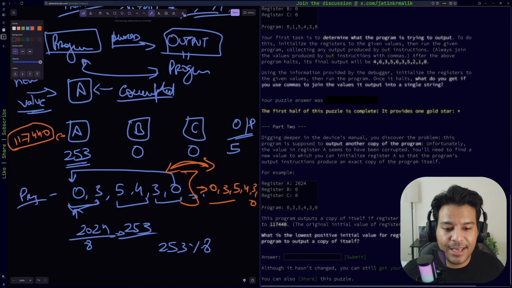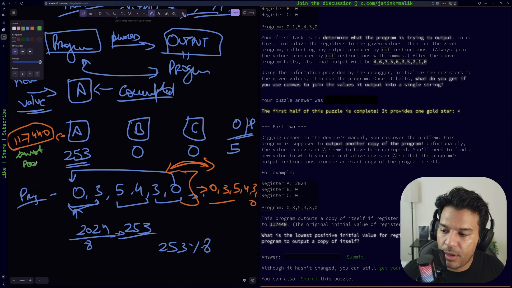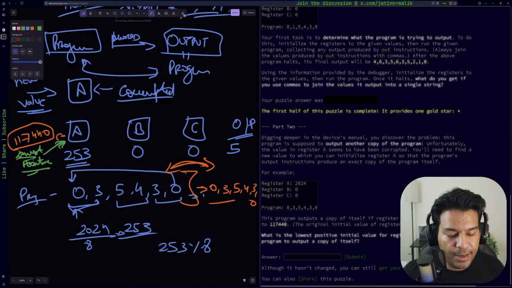Now it is asking us to calculate the lowest positive initial value for register A so that the puzzle input given to us causes the program to output a copy of itself.